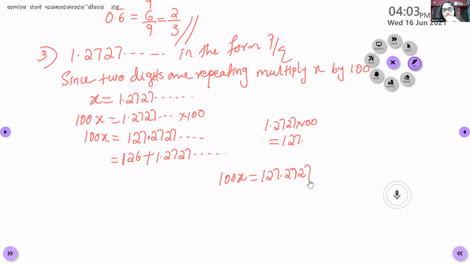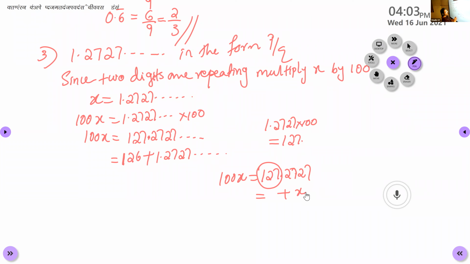Now, usually what we will do, the term before decimal. All of you see the previous question. There we wrote what? 6.6666 etc. So we wrote what? 6 plus x, isn't it? So plus x must come here.